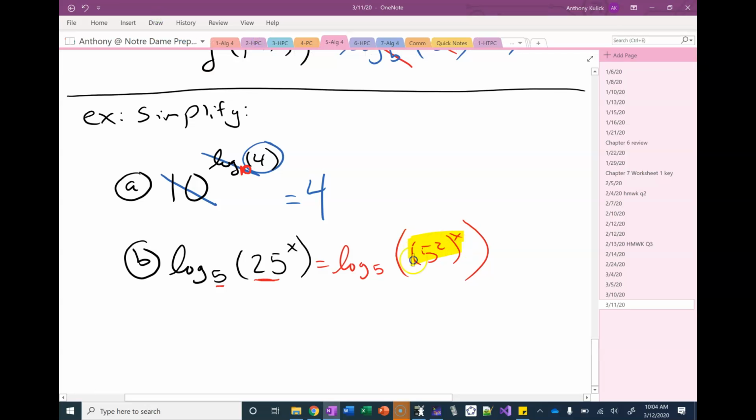So how do I simplify 5 squared to the x? Does anybody remember this rule for exponents?